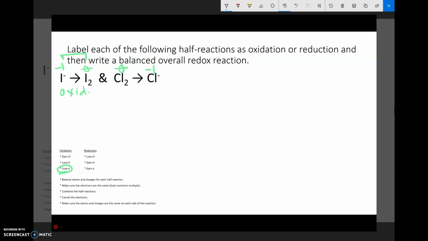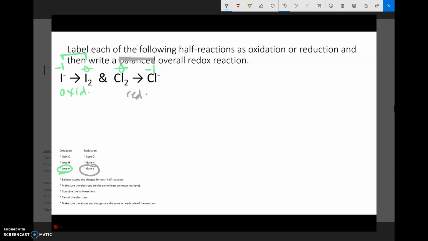Okay, on the chlorine half reaction, we're going from a 0 to -1. Here, the oxidation numbers are decreasing, or being reduced, as I like to call them. And so this is showing reduction, and reduction is the gain of electrons, because if we gain something that's negative, it's going to become more negative. Okay, so that's our oxidation and reduction.